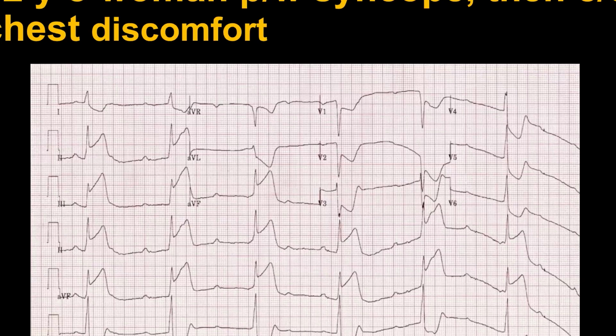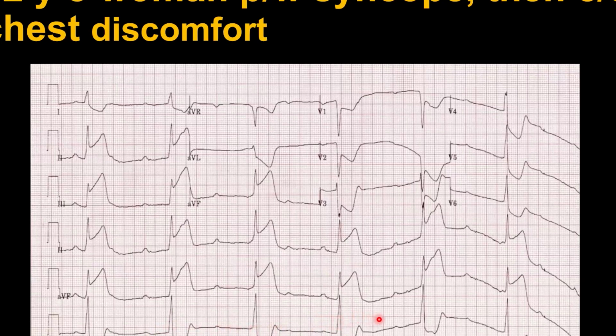And that's because none of the P waves are conducted. The atrial rate, you can calculate right here, 300, 150, 100. So there's almost a sinus tachycardia, but the ventricular rate is in the 40s maybe, or slower.